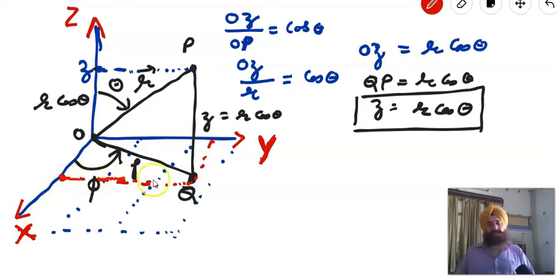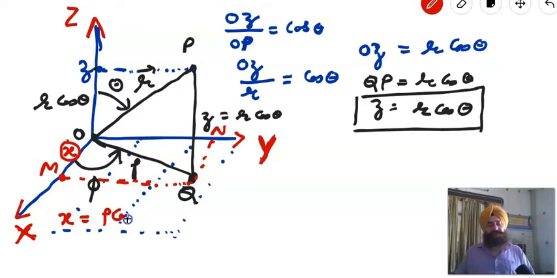Now this line is perpendicular to the x axis, and this line is perpendicular to the y axis. What we call from here to here, because it is along capital X, is small x. What we call from here to here, because it is along capital Y, is small y. Now, what is small x?